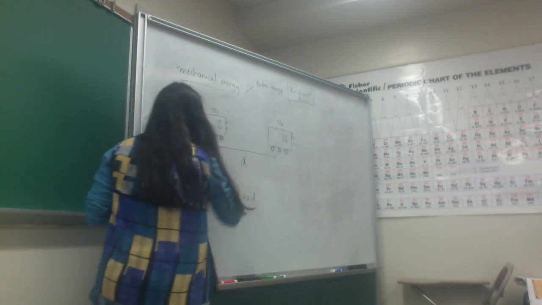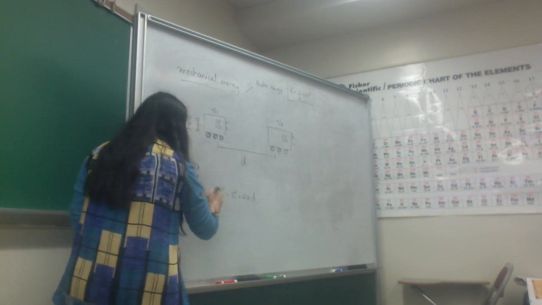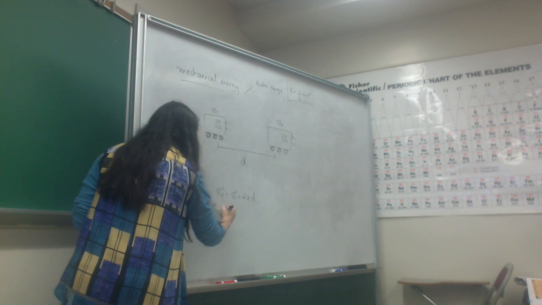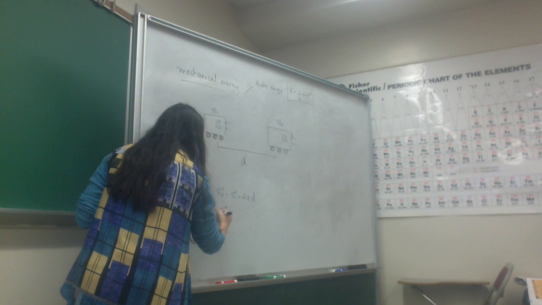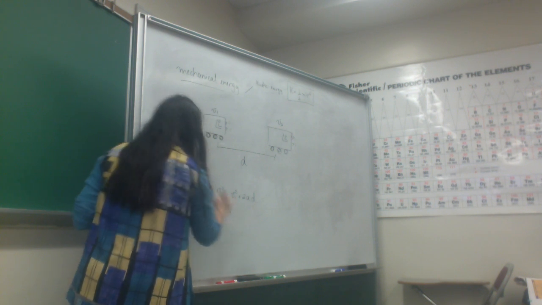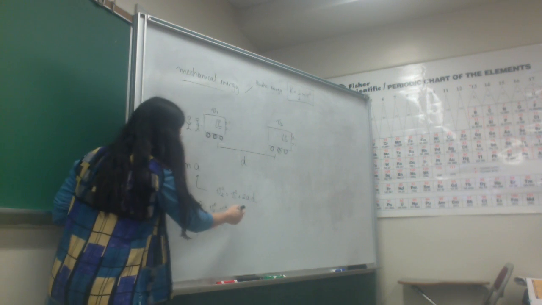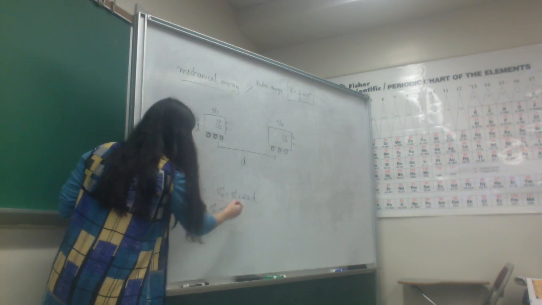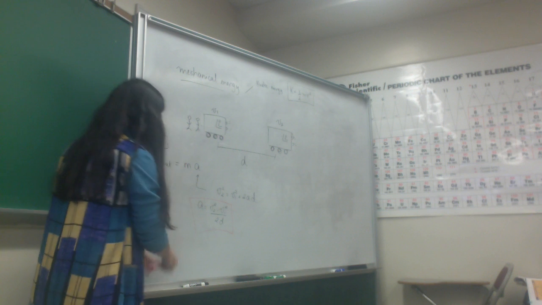So from this old equation of yours, a is v2 squared minus v1 squared divided by 2d. I'll keep this in this box, and I'm going to use this later.